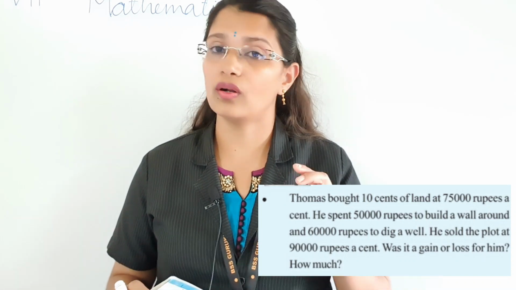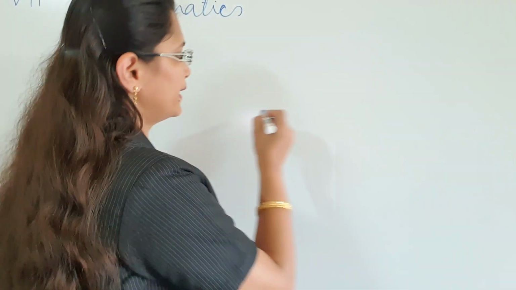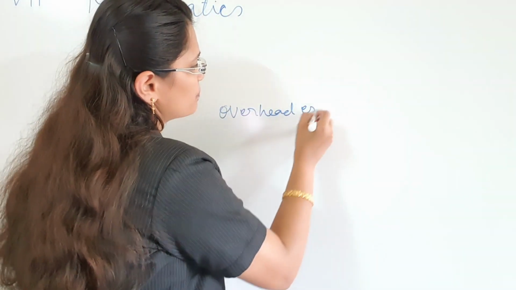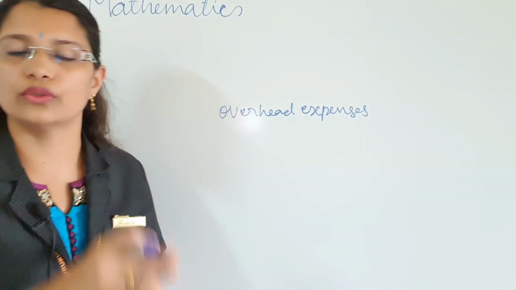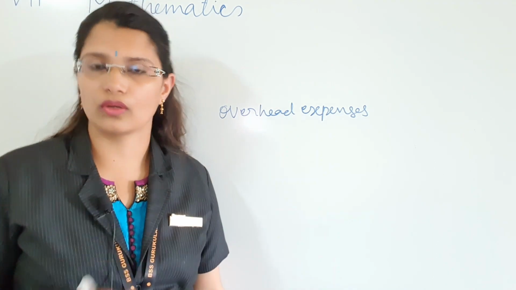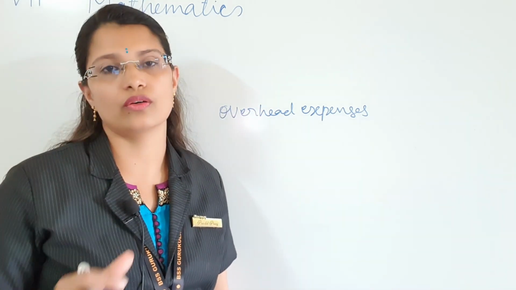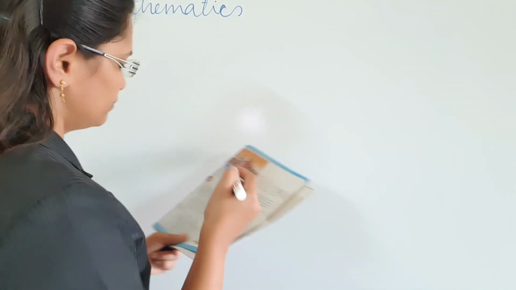These are called overhead expenses. Okay, these things you have to add to the cost price. Then that will be the total cost price of 1 cent. Understood? So let's do this problem.